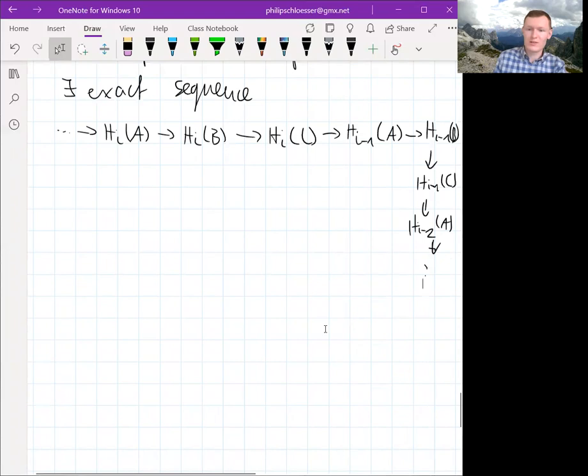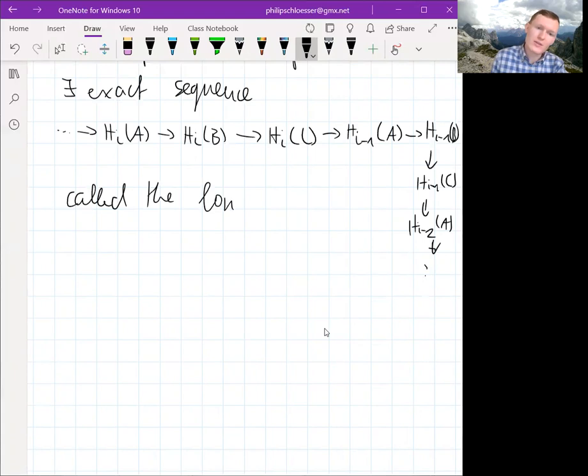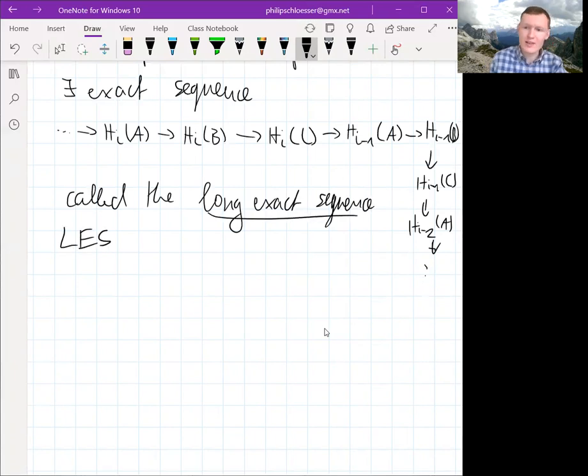And this sequence is called the long exact sequence, or abbreviated LES, associated to that short exact sequence.